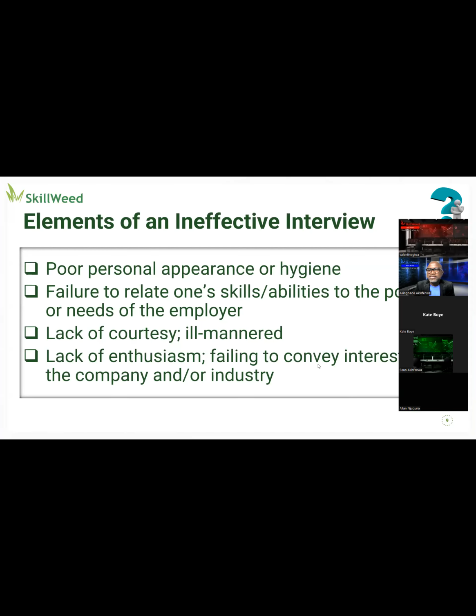Some elements of an effective interview, guys, or an ineffective interview. This is very important. With COVID now, we all know we don't need to see people as much, but even with that, if you have a video call, please still treat it like physical appearance is considered.